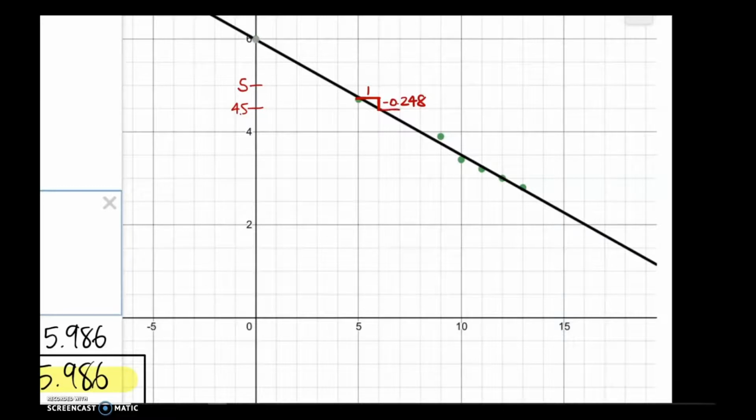So every year that I go forward, I'm going down 0.248 in that carbon monoxide concentration. And so this is the interpretation of the slope. For every year, the carbon monoxide pollutant concentration goes down 0.248 parts per million.